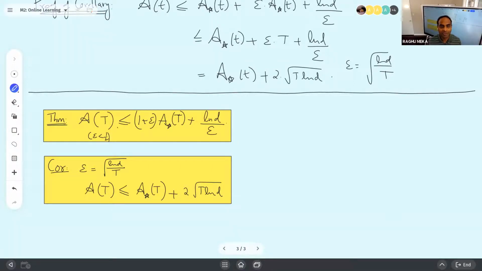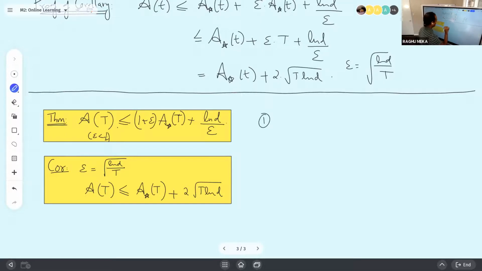Let me say a few things about some simple extensions and what's known about this multiplicative weights method, and then we'll jump into the applications. Some remarks.